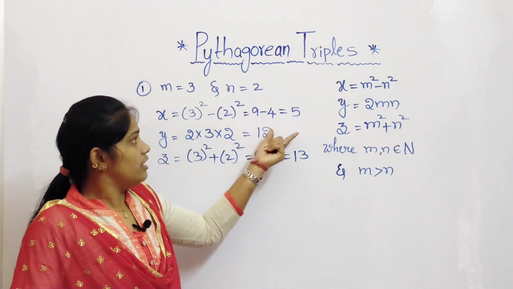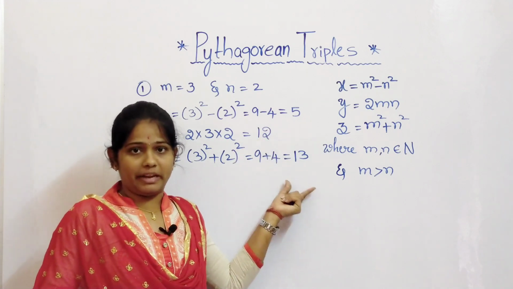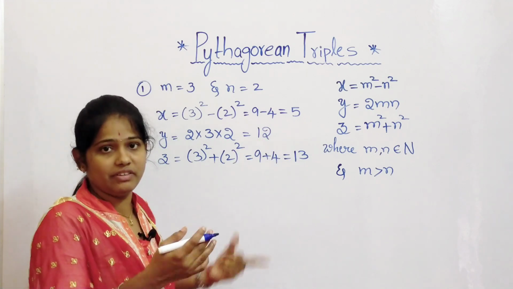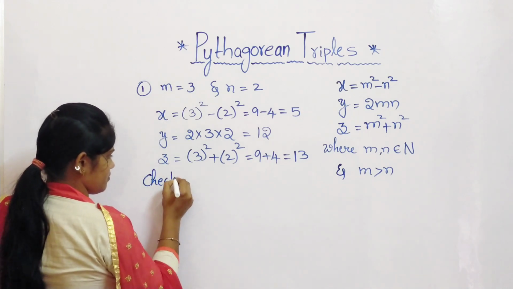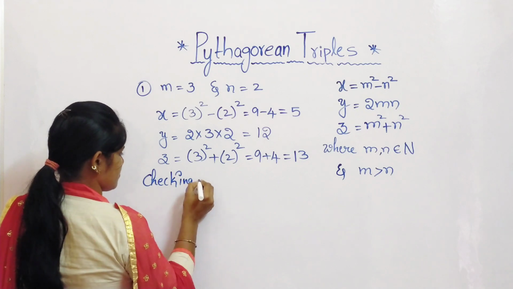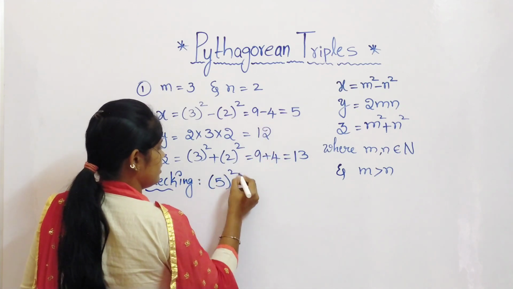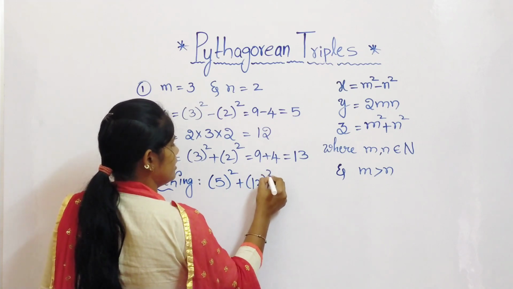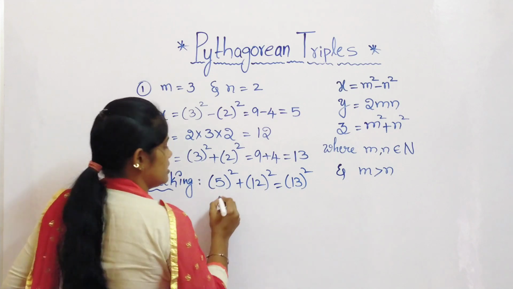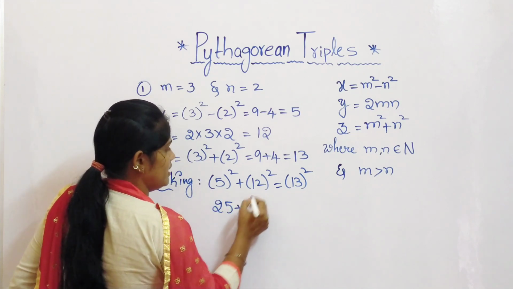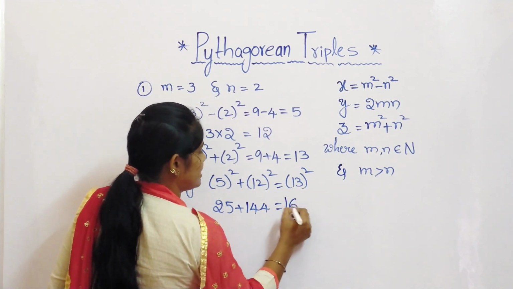So let us check this. These 5, 12 and 13 are said to be Pythagorean triples, but let us verify. 5 square plus 12 square is equal to 13 square. 5 square is 25, 12 square is 144 and 13 square is 169.